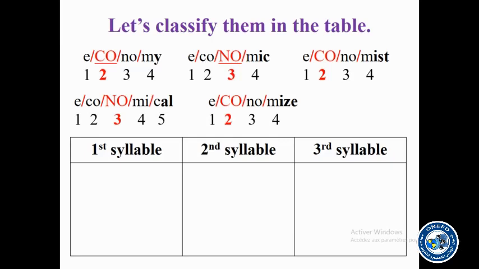On the first syllable, no. And by the way, you can see that for all the words, there is no stress on the first syllable. So it will be either the second syllable or the third syllable. But we have to count from the beginning of the word, not from the end.